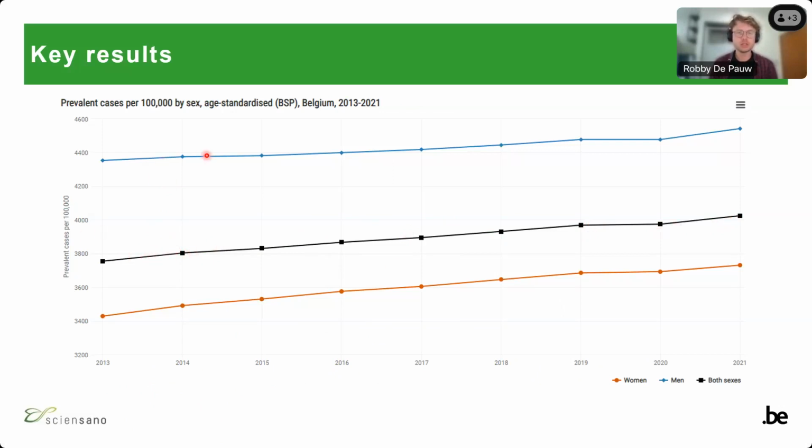And you can see that the burden of cancer, or the prevalence of cancer, in Belgium is higher for men compared to women, which was similar to what has been presented earlier by Elena. You can also see that there is maybe a slightly greater increase in women compared to men, but the difference, of course, remains by eye more or less stable.